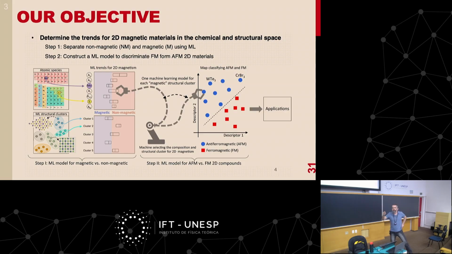I mean, there are a lot of models trained to predict some properties, but people don't use them at the end. There are a lot of works similar to this one, okay? So you first predict whether a material is magnetic or not, and then we wanted to predict whether it would be antiferromagnetic or ferromagnetic.